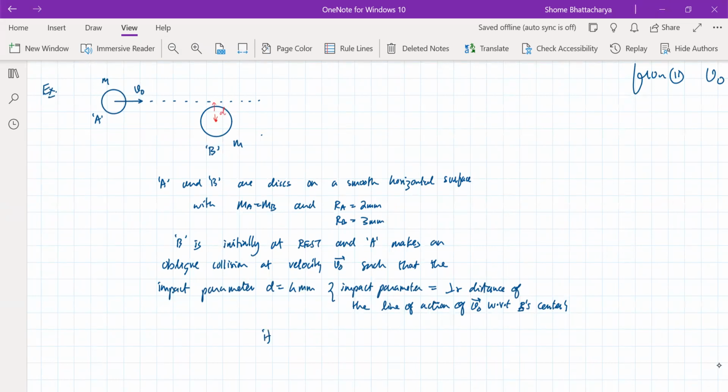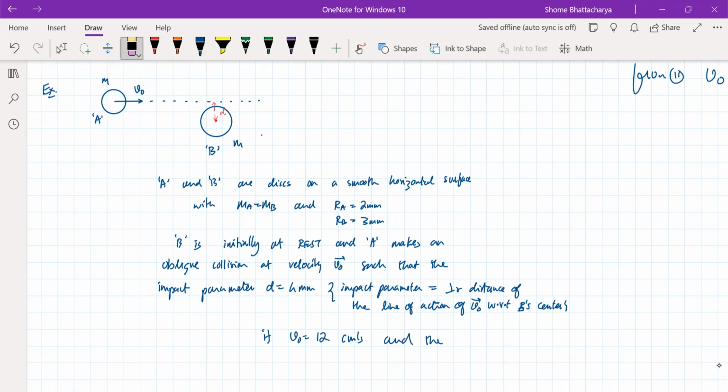So if V0 is equal to 12 centimeters per second and the collision is, sorry, make it 15 centimeters per second, to be easier. And the collision is perfectly elastic. Then find the final velocities of A and B, both in magnitude and direction.